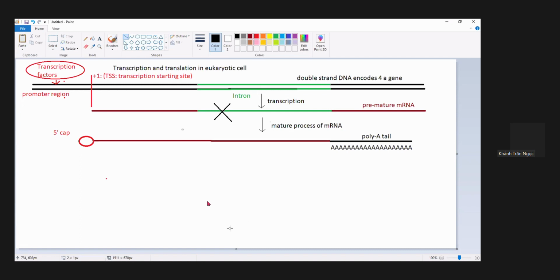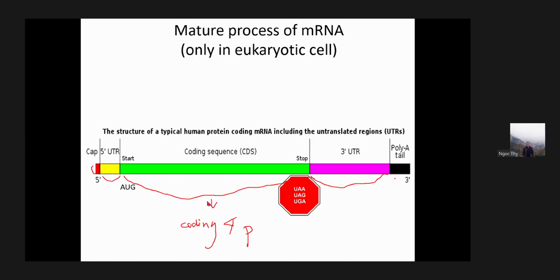Excuse me, can you tell me again what the poly A tail does? So the poly A tail here is the structure of poly A. It includes many A's, and it attaches to the 3' direction of the mRNA.